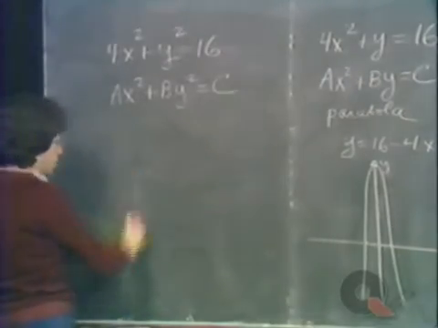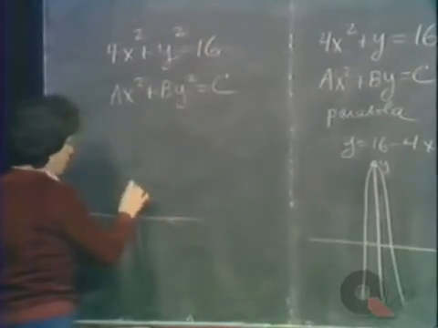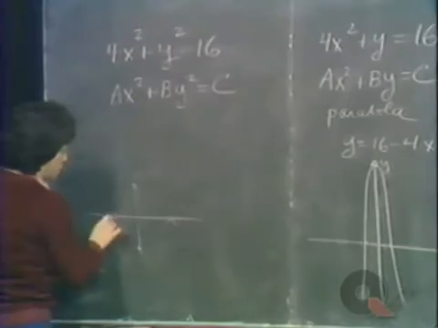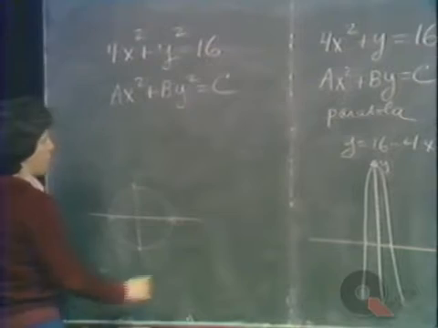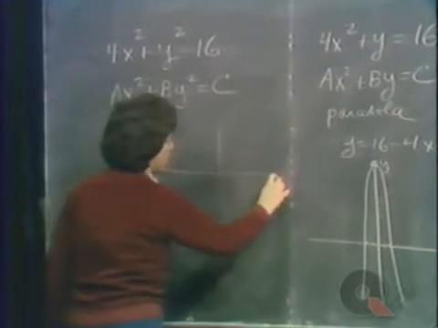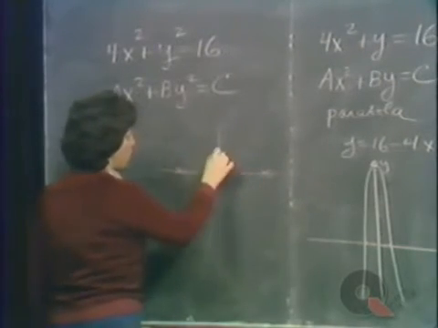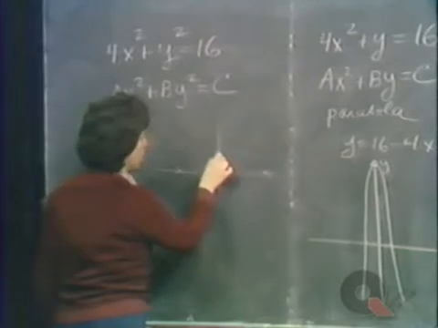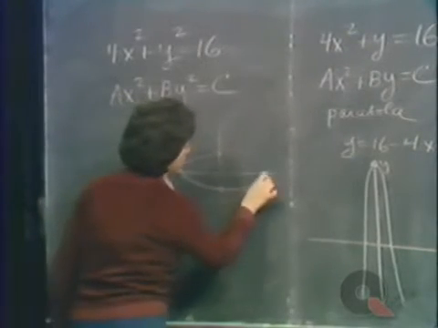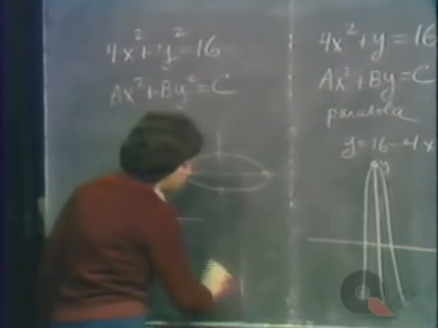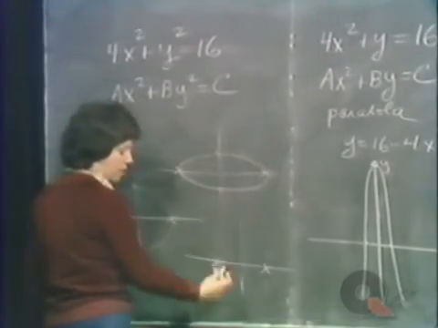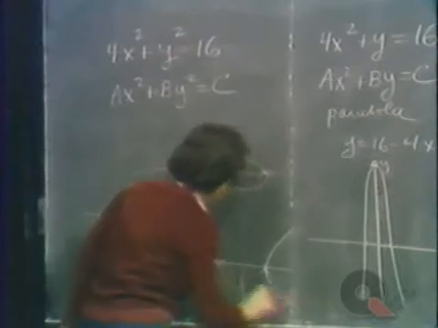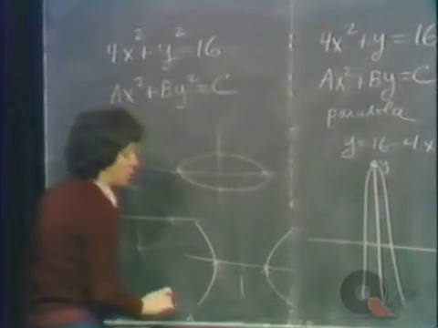If, for example, your intercepts are all located the same distance away from the origin, you would have a circle. If you had, say, your x-intercepts quite far apart, your y-intercepts closer together, you would have this ellipse. If you had maybe x-intercepts but no y-intercepts, or y-intercepts and no x-intercepts, you would have a hyperbola.